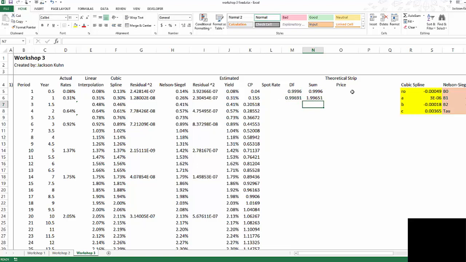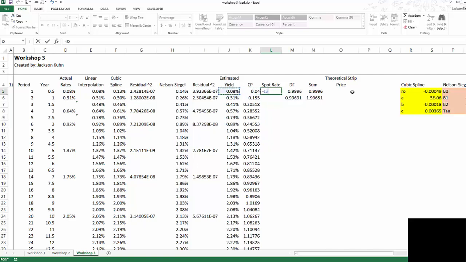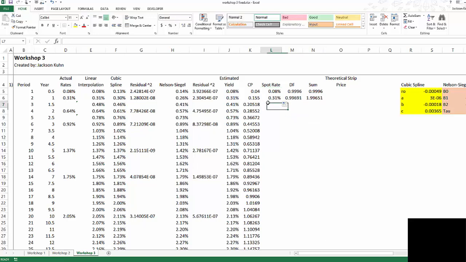So spot rate. Now we're ready to start working on getting our spot rate curve. The first two spot rates, similar to what we did for our estimated yield, are just going to equal the actual rates that we got from the Treasury Direct website. But starting in period 3, we're going to use a new equation. So our spot rate is going to be equal to 1 divided by our discount factor, and we don't have our discount factor filled in for period 3 yet, but we'll do that in just a moment and then get this equation working.